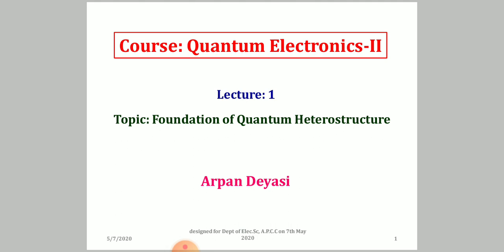Now, let me go a little bit deeper. Start with an elementary quantum mechanics problem which we learned in our undergraduate course: the infinite quantum well problem, that is, the particle in a box problem.